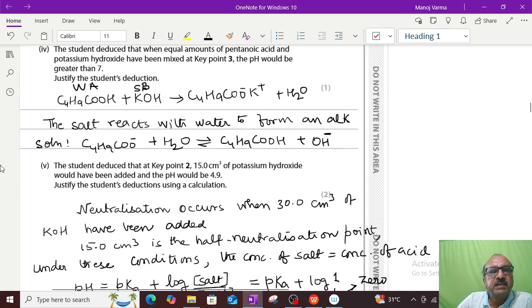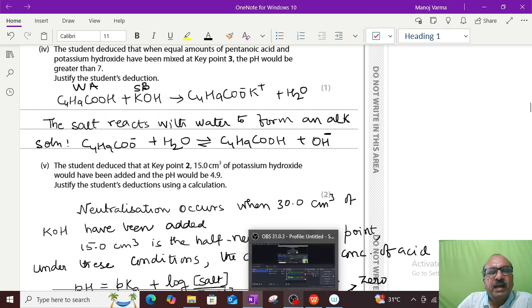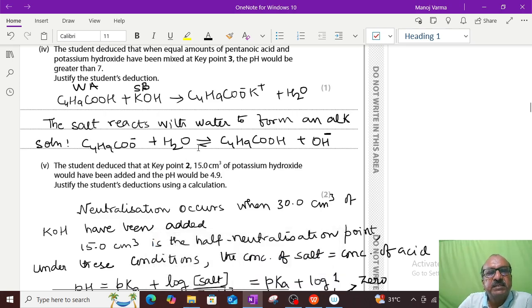reacting a weak acid with a strong base, and we get the salt, which you can see here, which is the potassium pentanoate salt, and it's a salt of a weak acid and a strong base. And since the base is stronger than the acid, the salt would be alkaline in nature.